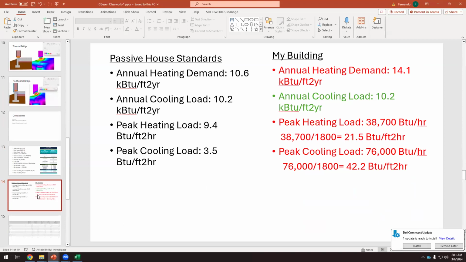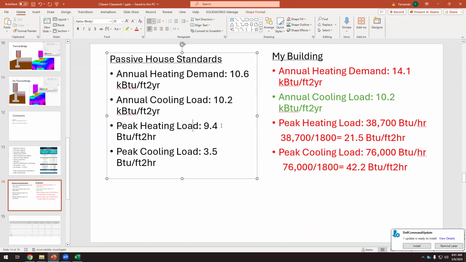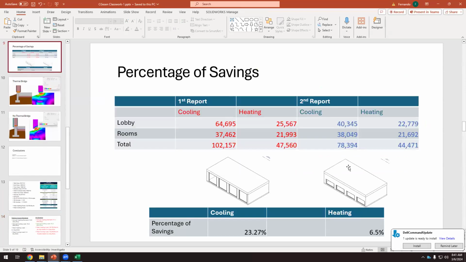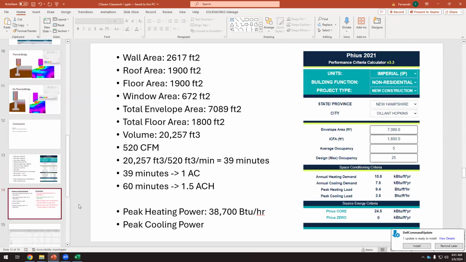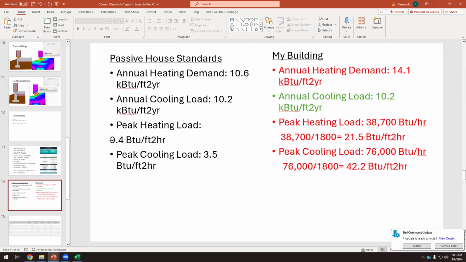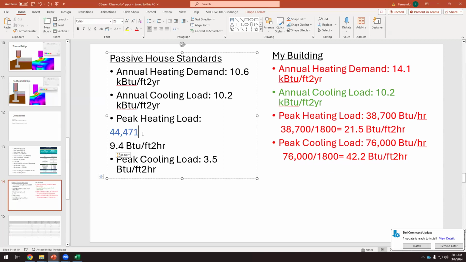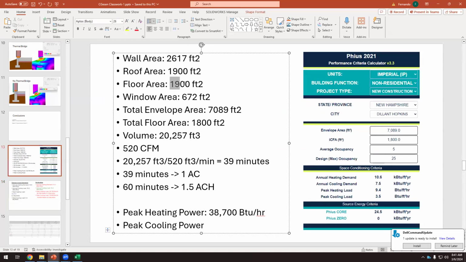And now we have this analysis. This is kBTUs per square feet. So the peak heating load, this value of 9.4 should be the peak heating. It's 44,000 divided by the floor area, and the floor area is 1900.